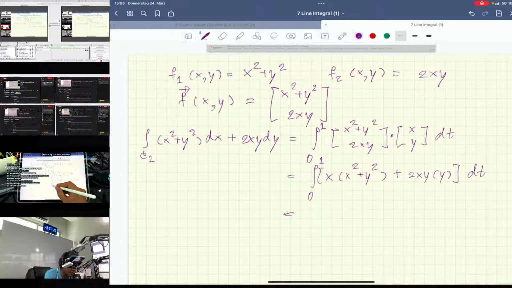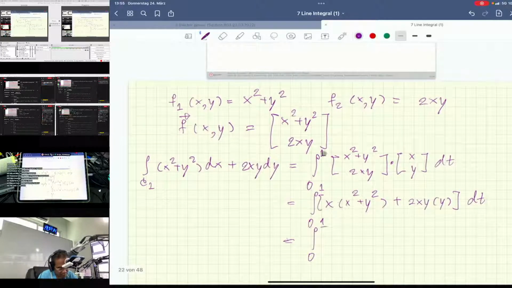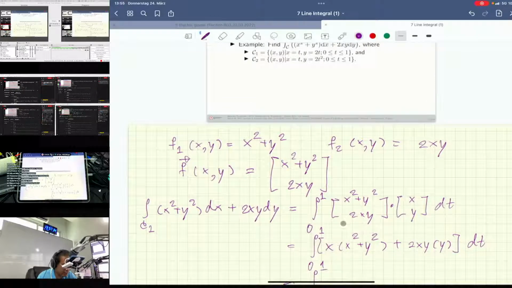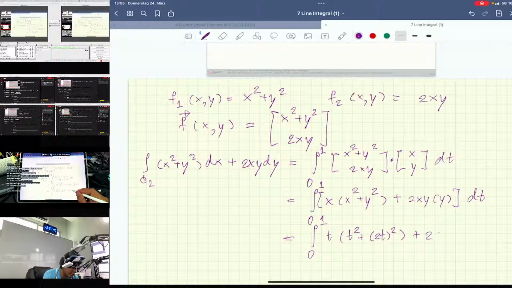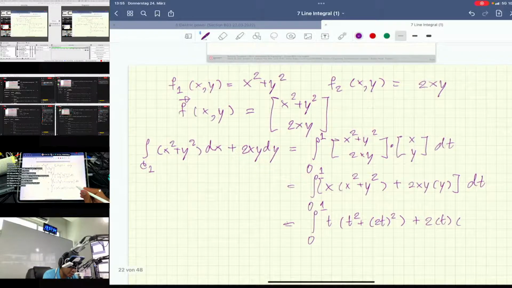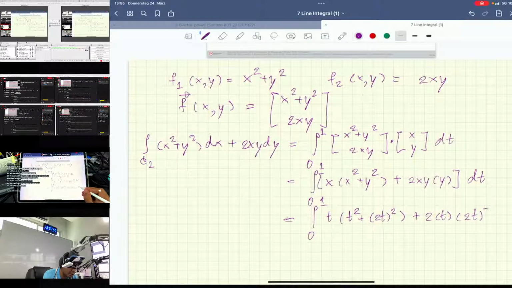And here you have integration from 0 to 1. We need to replace x by t and y by 2t, right? So we have here t and t squared plus, this is 2t, and we need to make a square too. And here 2 times t, and y is 2t. So it's y squared, right? So we have 2t in here squared. And closing the bracket, then dt.